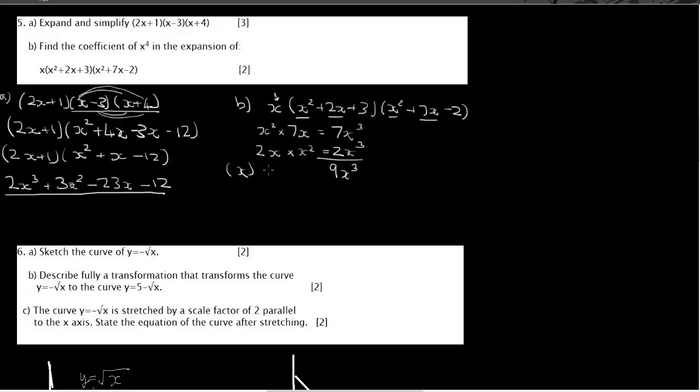Multiply that by the x. We'll get 9x to the 4. So the coefficient of x4 is 9. We could have multiplied the whole thing out and got the same answer. So we get 3 marks there, and we'll get a further 2 marks there, giving us 5 in all.